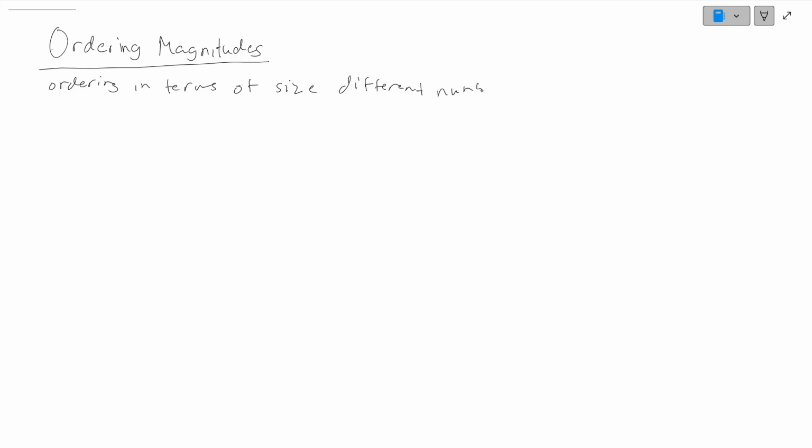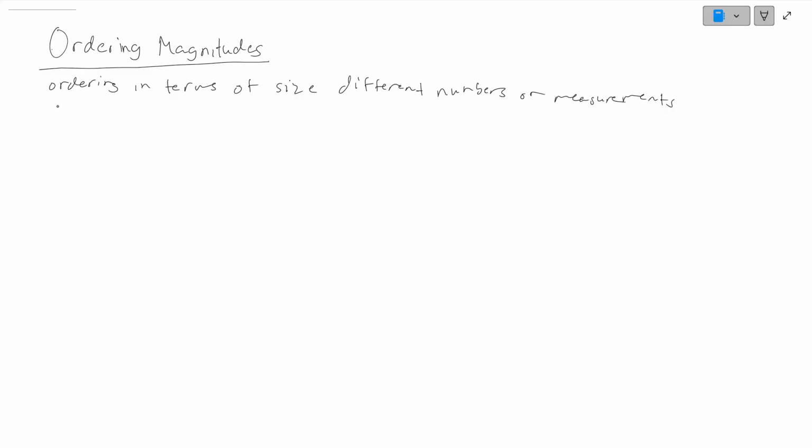Finally, we will be talking about ordering magnitudes. And what we are doing in this part is we are ordering in terms of size different numbers or measurements that are represented in a mixed way.